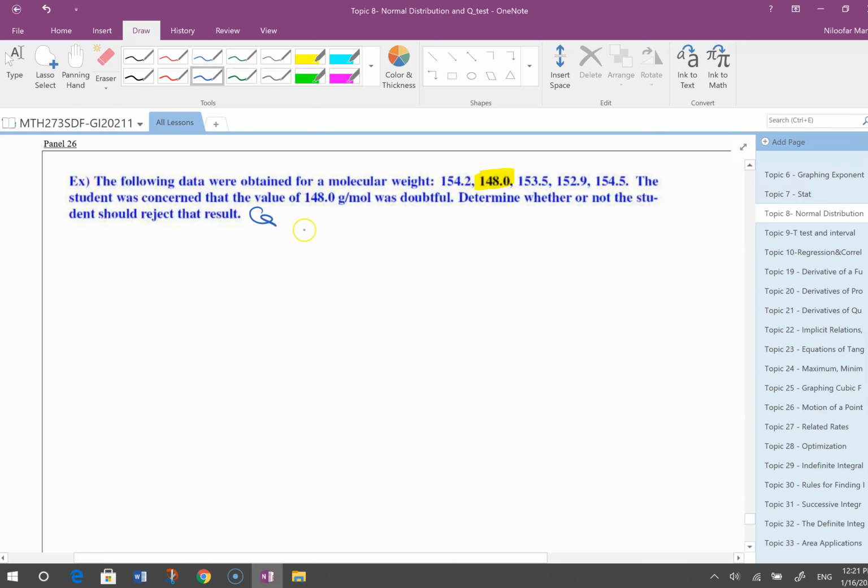So I would say use the confidence level of 90%. Okay, so first I organize them. This, and then this, and then this, and then this, right? So 1, 2, 3, 4, 5.